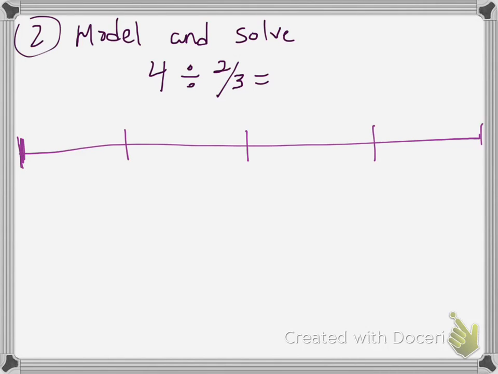And then I would make my lines a little bit heavier here, because I'm actually going to make some more lines. So we're splitting each of these into 2/3 chunks. So I'm splitting these into thirds.